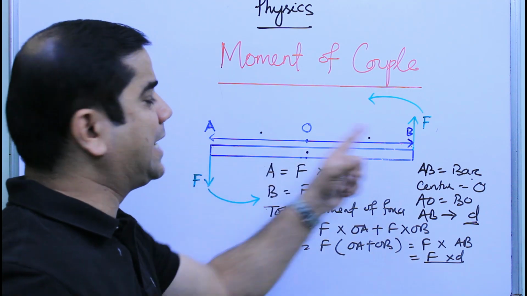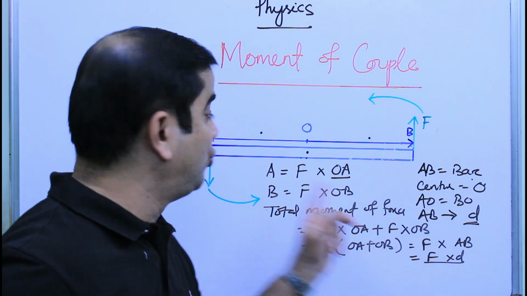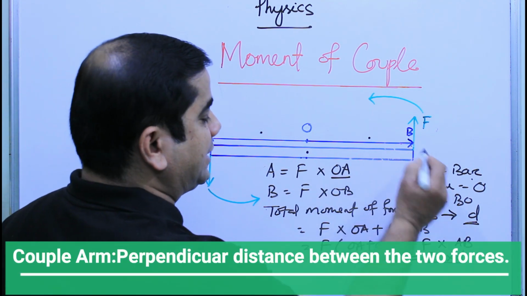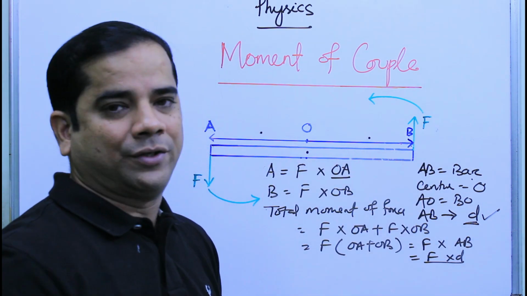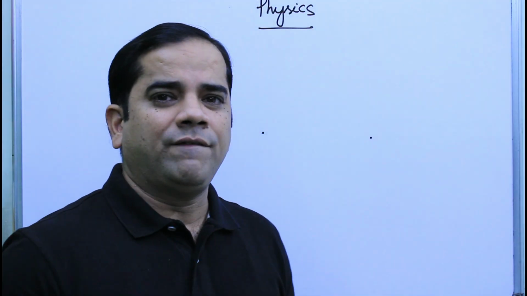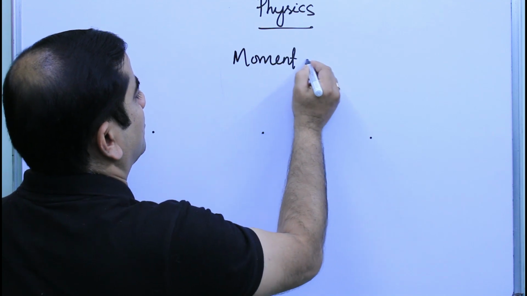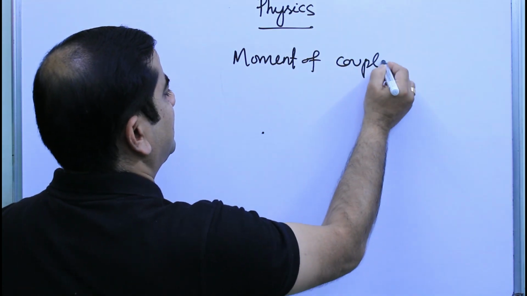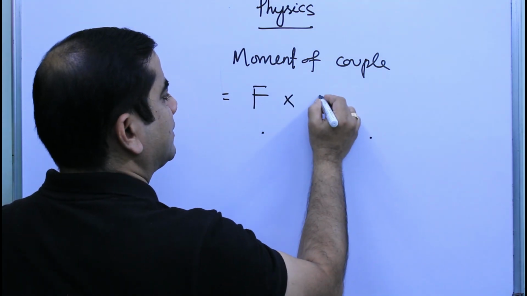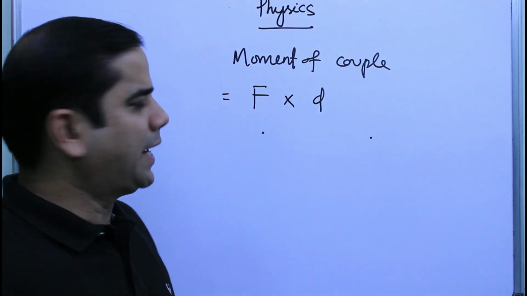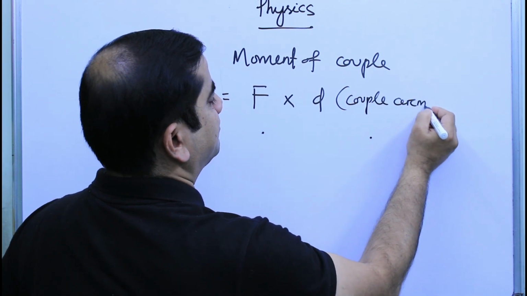So moment of couple can be defined as the product of force at either end. Why either end? Because they are same. So force at either end and perpendicular distance between the two forces. This is the perpendicular distance which is represented by D. Hope you understand. Students, we have now discussed that moment of couple is equal to force multiplied by distance, that means the perpendicular distance, which is also called the couple arm.